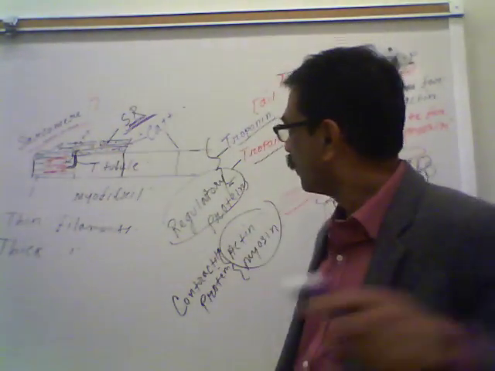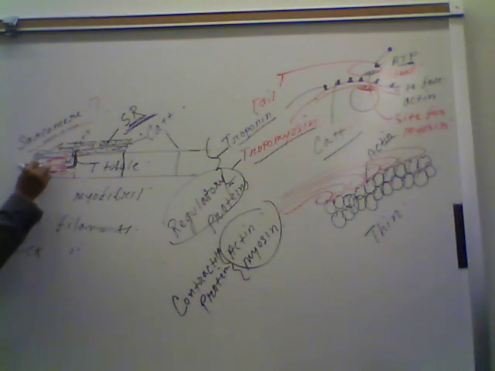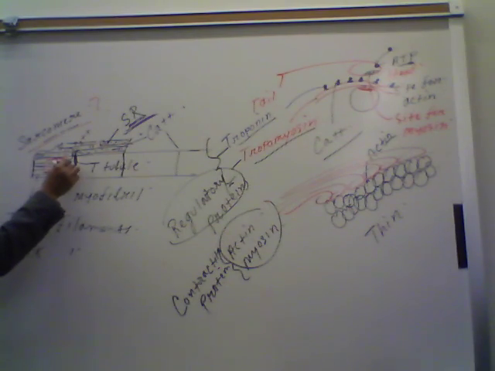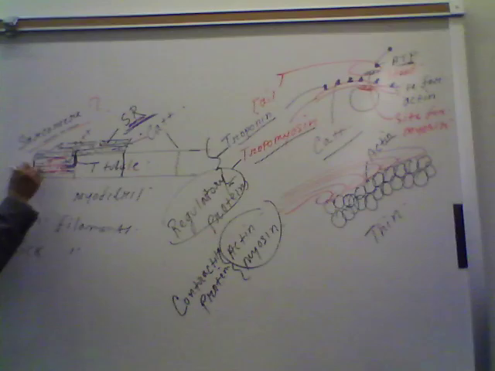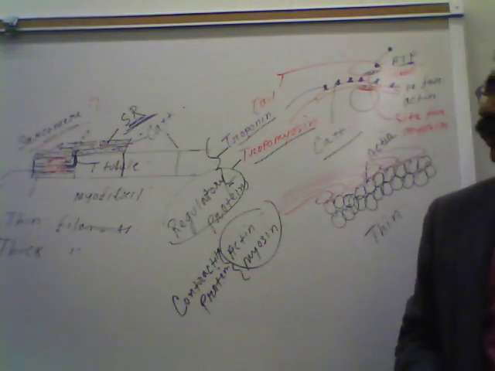Titin. So the thick filaments are connected to the Z disc by protein springs. Those protein springs are called titin. Okay. So that is one thing you need to know.